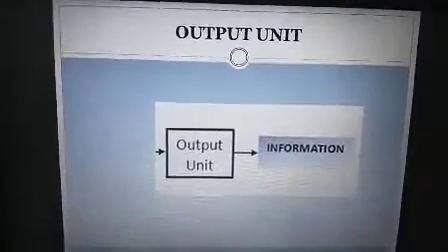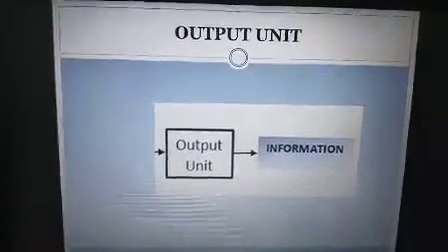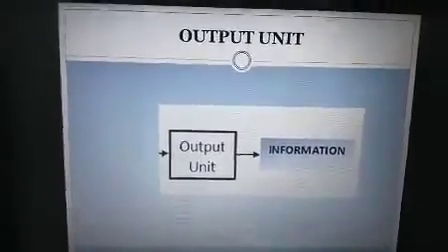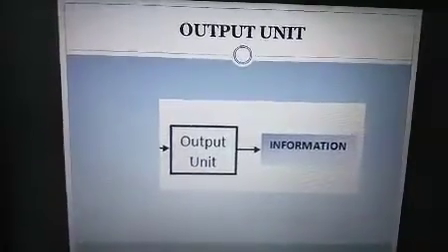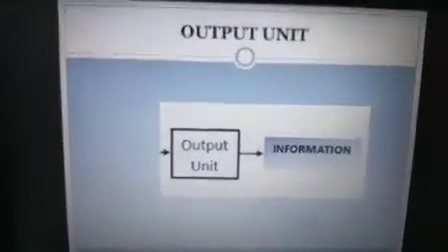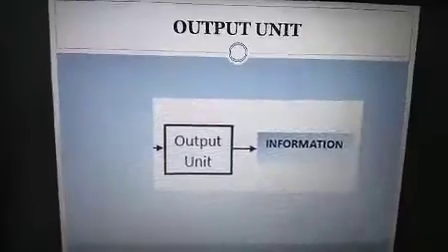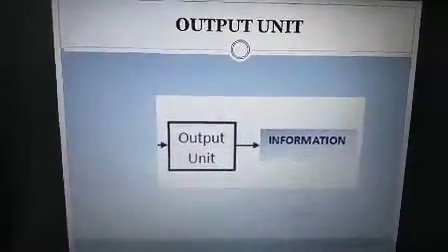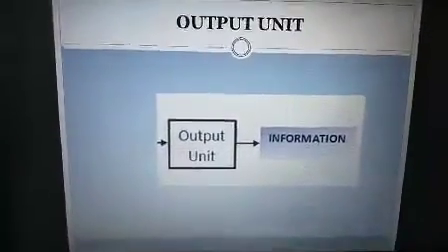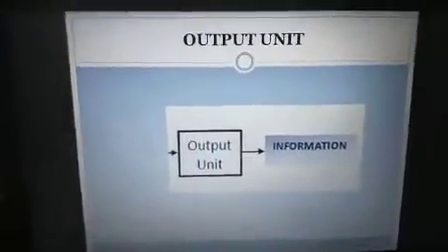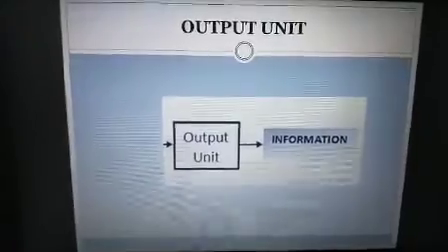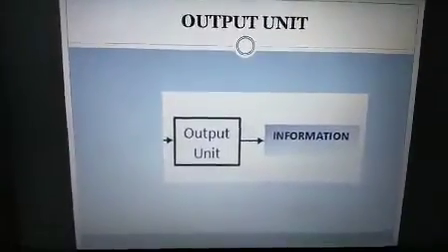The data that we have fed in via the input unit goes to the processor, gets processed, and we get our desired output, which is information, via the output unit. So this is how the overall computer functions, the overall block diagram and the functioning of each and every block.